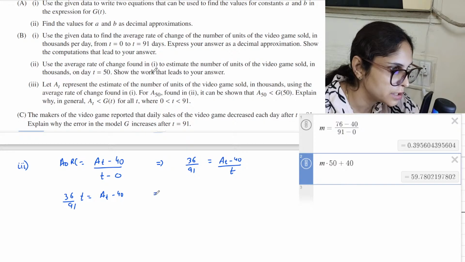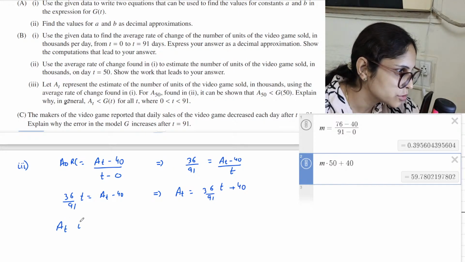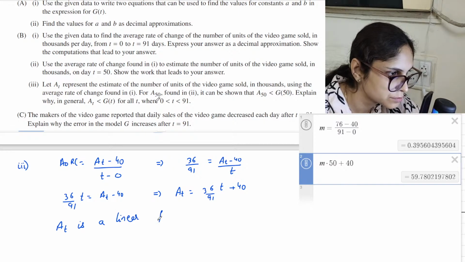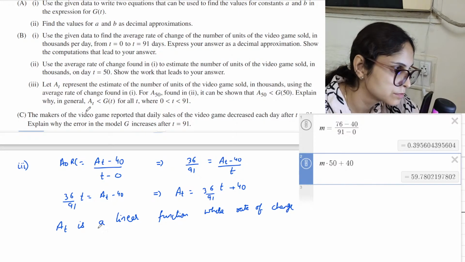And if you add 40, A(T) is actually 36 over 91 T plus 40. So A(T) is a linear function whose rate of change is constant. But G of T is an exponential function.